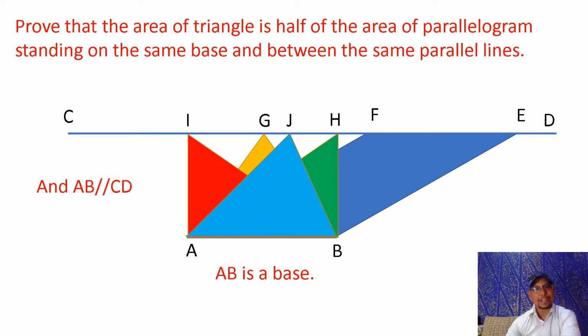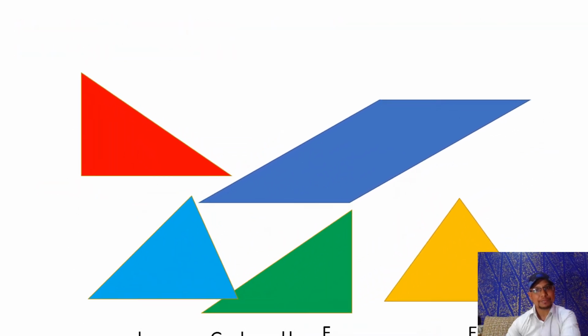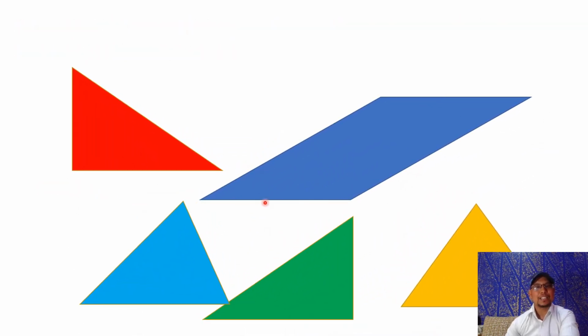Now let's look at this, students. Here you are seeing 5 figures in which there is a parallelogram and 4 different triangles having different shape and size.